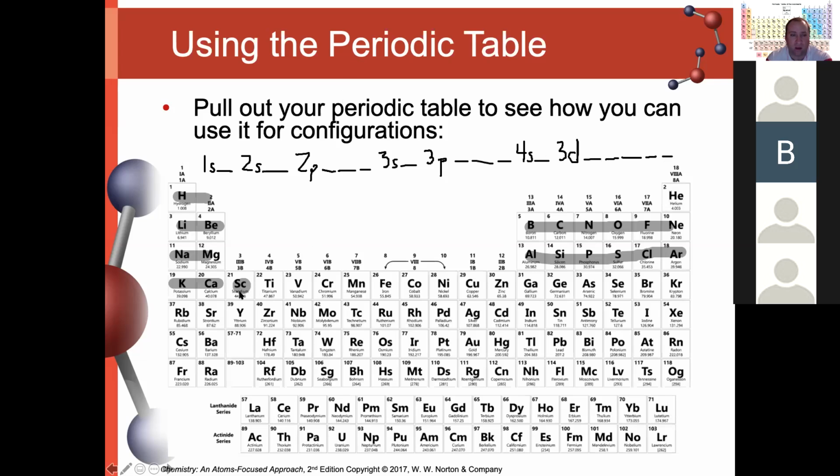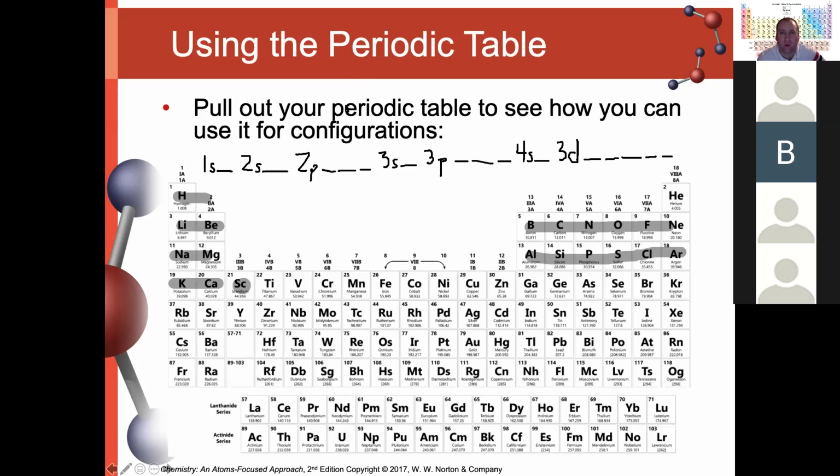Now, one approach that we can do is, when we know what the configuration is, we can always work backwards from it. So in the case of scandium here, I know that the last configuration is going to be 3d1.